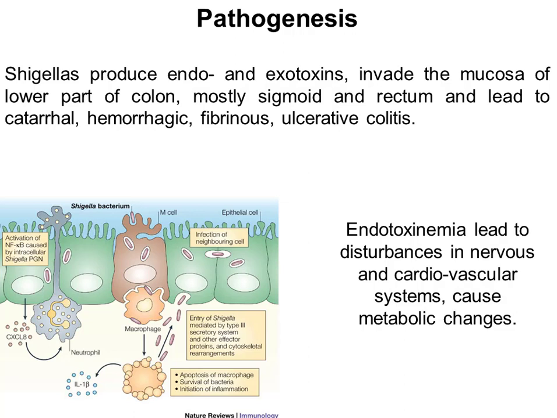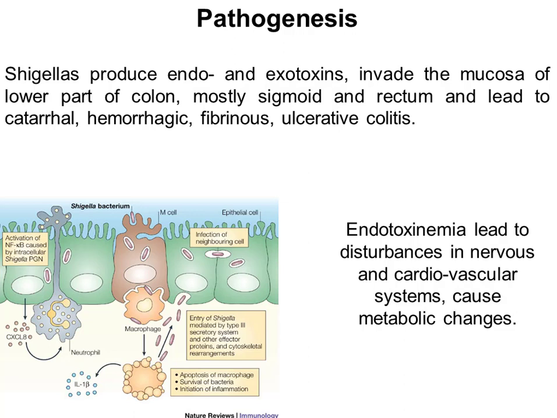The cytopathic effect of Shigella on epithelial cells causes their destruction and desquamation, and the development of desquamative catarrh of the colon in the initial stage of the disease is also possible.